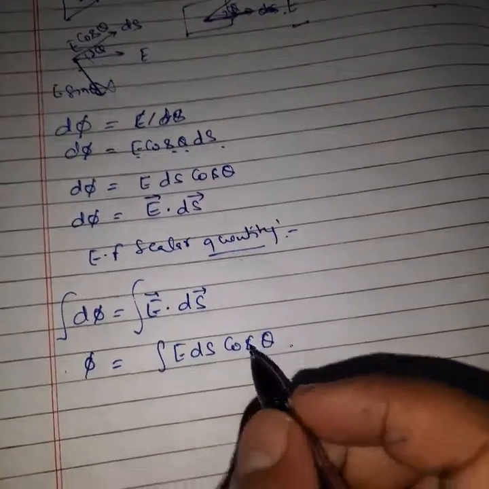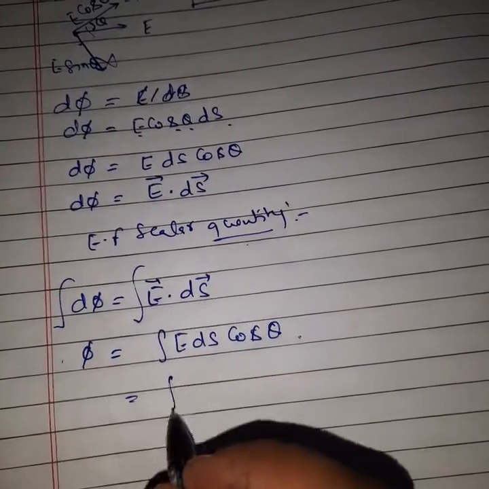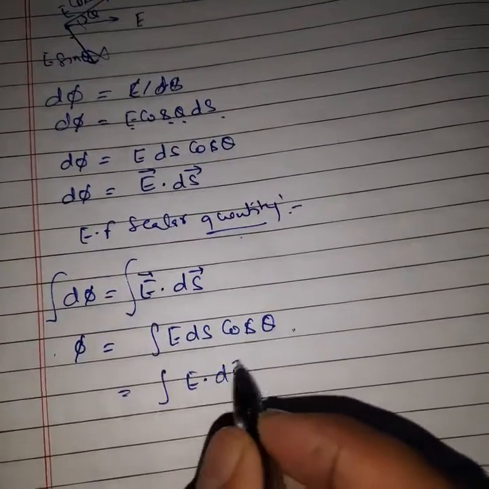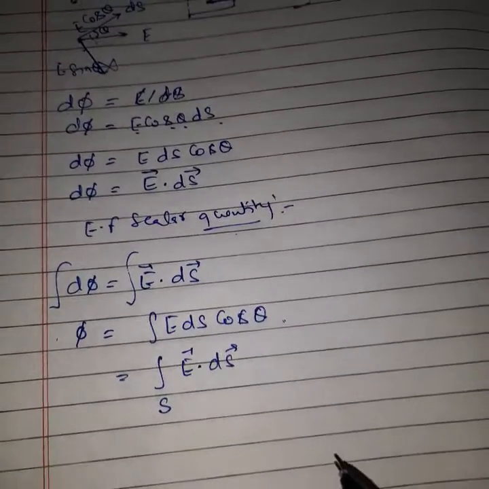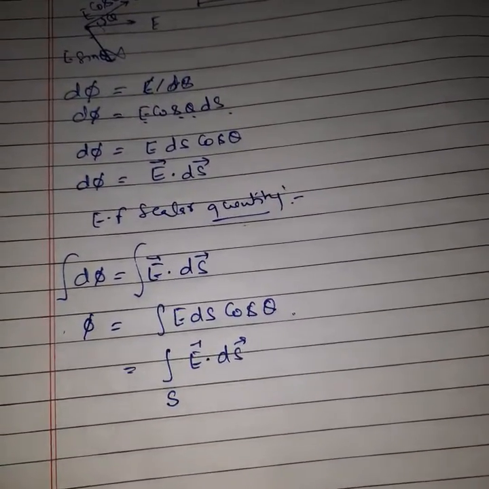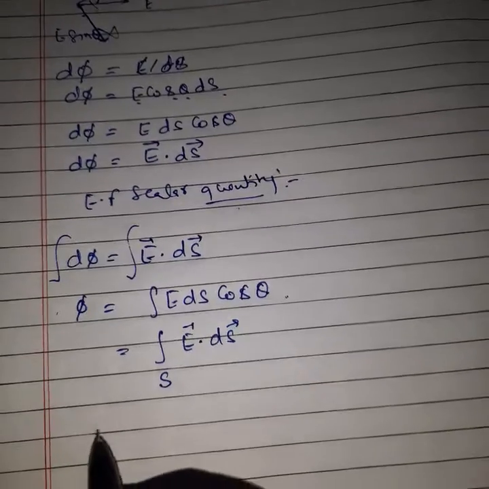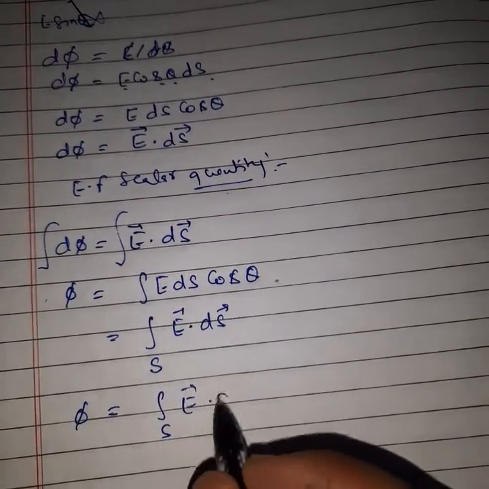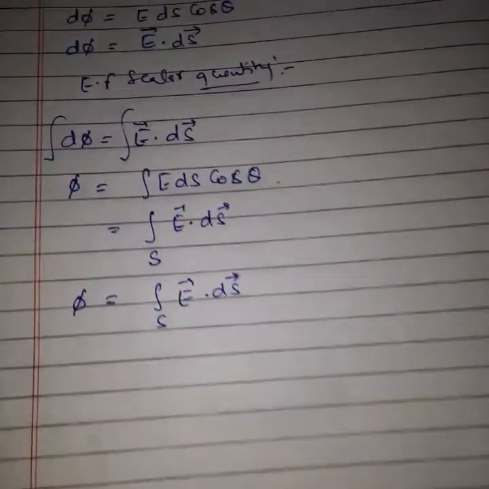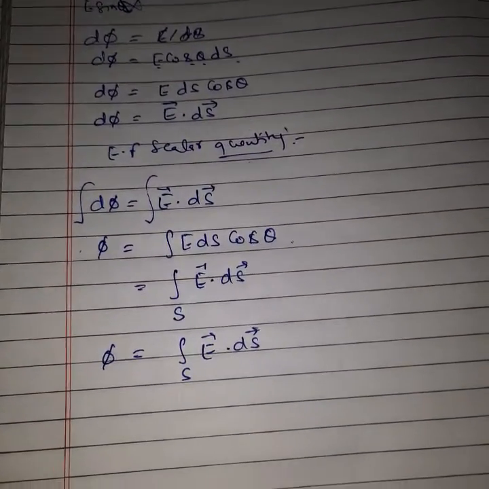We are talking about the surface only, so for the surface we write E · ds, where s is the surface vector. So we can write φ = ∫ₛ E · ds. Say yes or no, student. Okay?